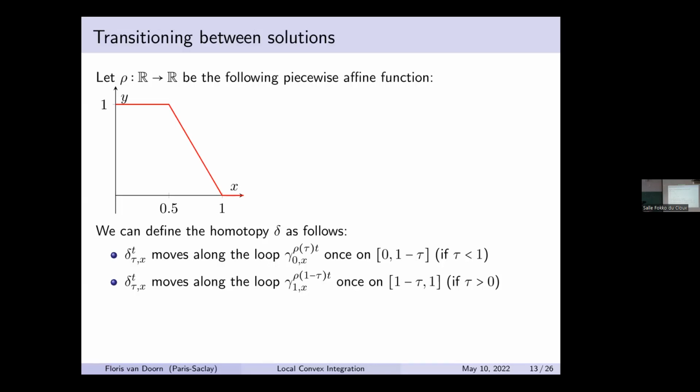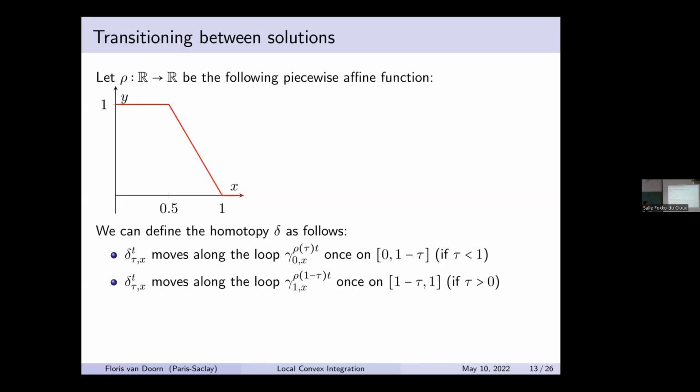But we're doing something funny with the argument on the top, which is the argument that defines the homotopy of gamma to the constant loop. So for tau less than a half, rho is 1.